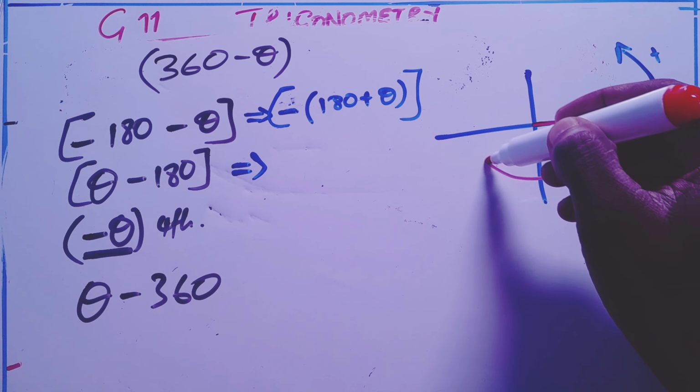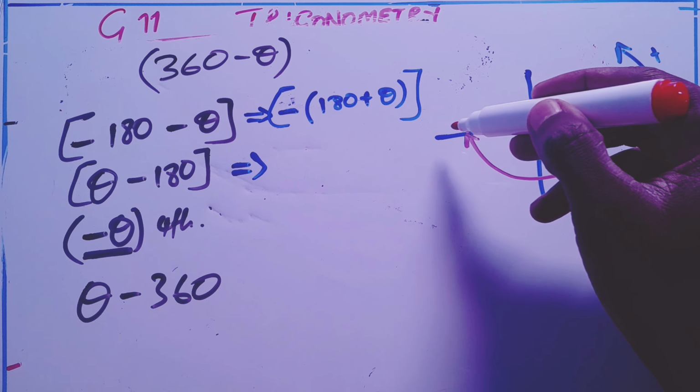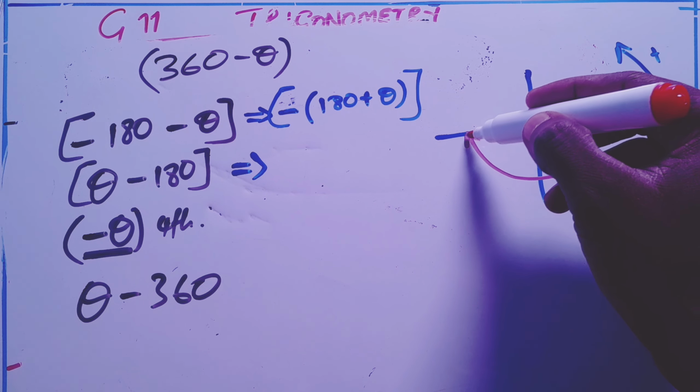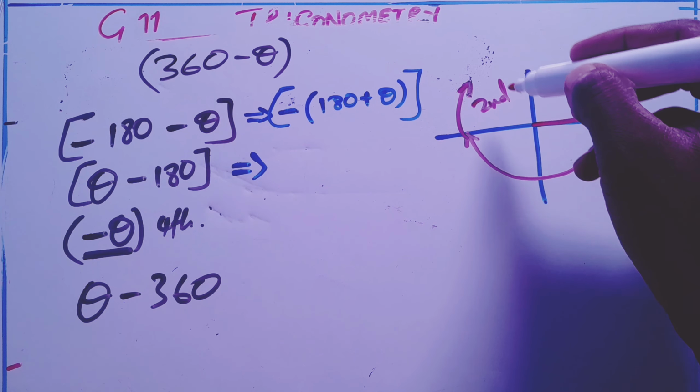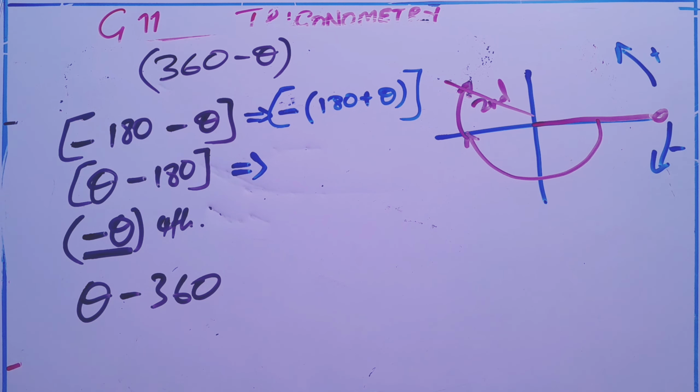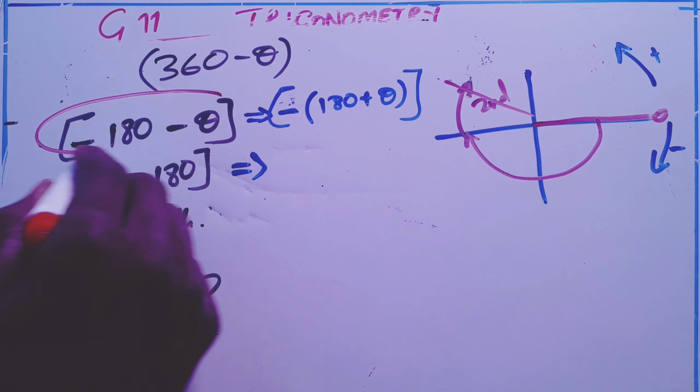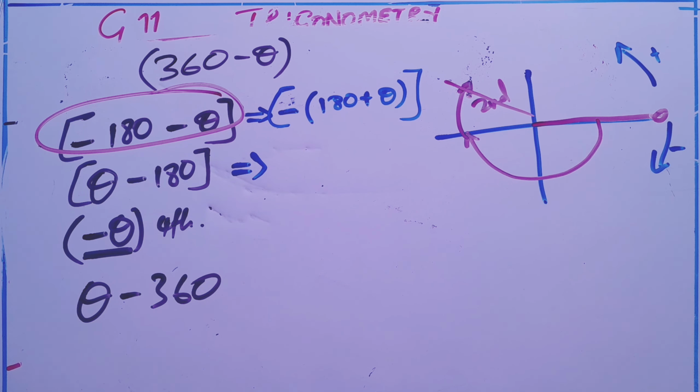So we're going to come here, and subtract theta again. That angle will be in the second quadrant. Can you see that? That is another way that you can use.